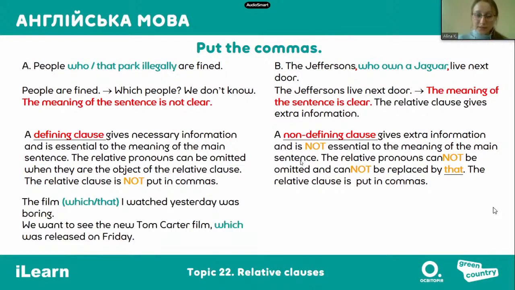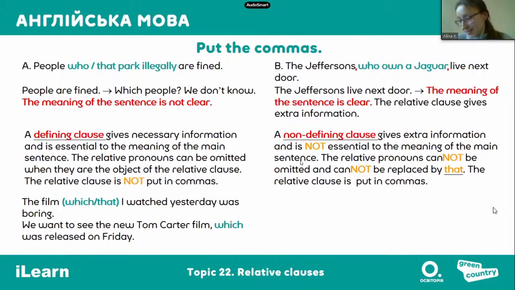Let's look at two more examples. For example, the film which, that I watched yesterday was boring. So is it a defining or non-defining clause? What do you think? The film which I watched yesterday was boring. Is it defining or non-defining? Can you see any commas?